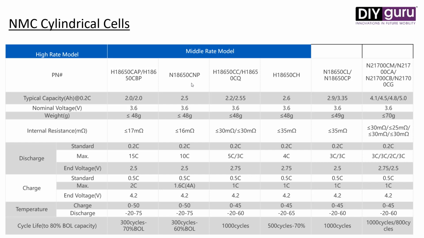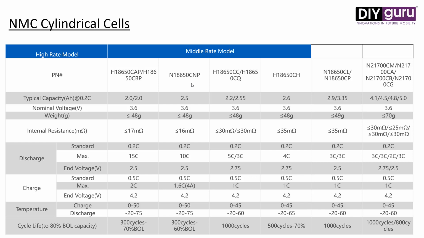If we talk about the typical capacity of NMC cylindrical cells, it ranges from 2 Ah to 4.15 Ah. The nominal voltage is normally constant.